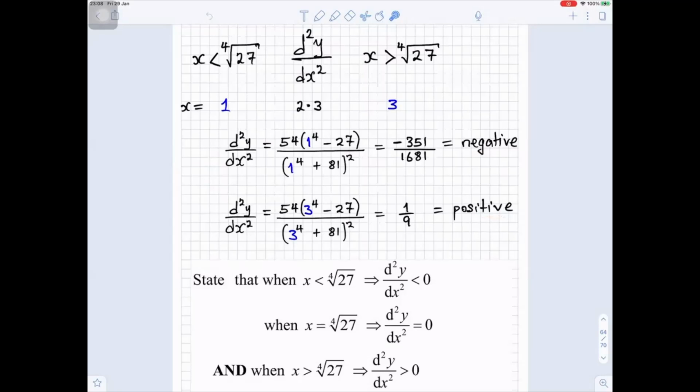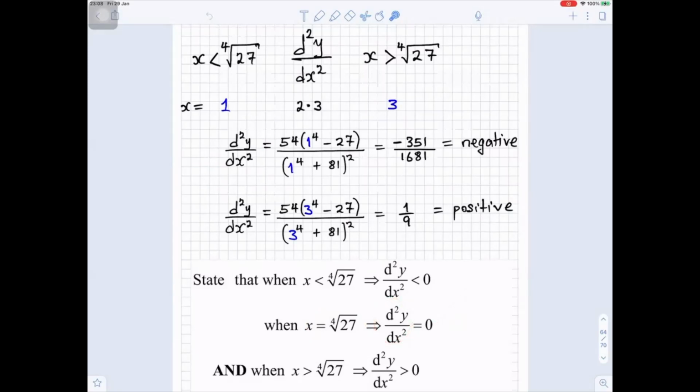Now we can conclude by stating that when x is smaller than the fourth root of 27, when x is say 1, we get d squared y over dx squared is less than 0. That means it is negative. When x is equal to the fourth root of 27, we get d squared y over dx squared is 0.